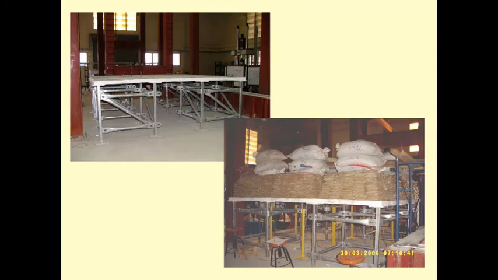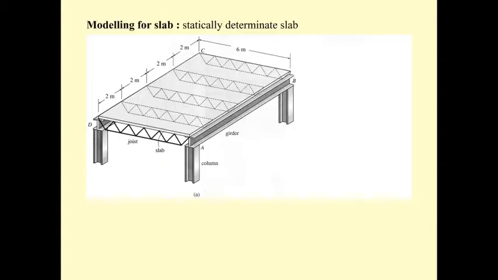This is another example of what we have tested in our lab. We tested the slab to study how it behaves, and this is going to relate to the load transfer or load distribution later. The slab is going to distribute the force from itself into the smallest beam, which we call joist.